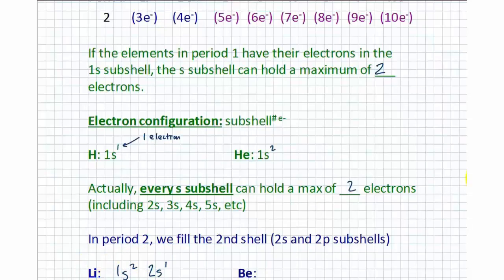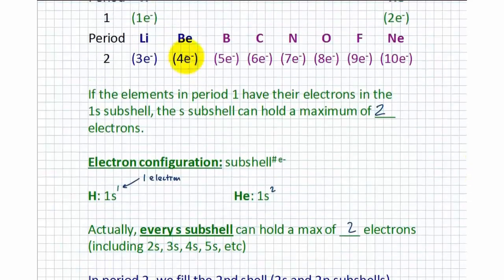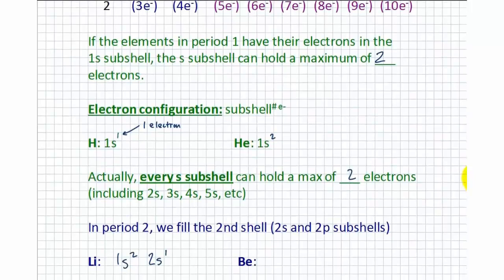Beryllium has 4 electrons, so hopefully you can see what's happening here. We'll start with 1s2 again. Now 2s will also have 2 electrons. If we go to the next element, it has 1 more electron, but we can never do 2s3 because all of these s subshells just hold a maximum of 2 electrons.